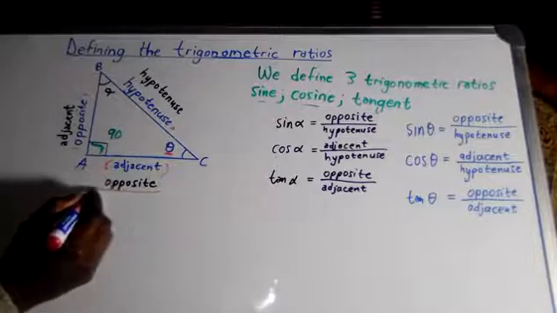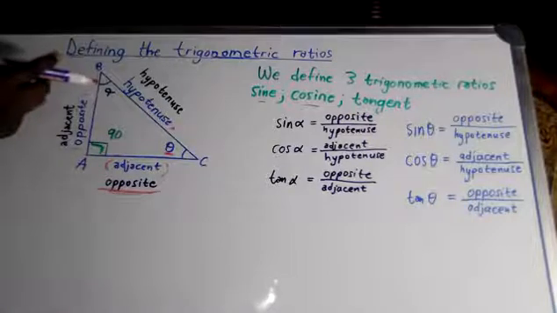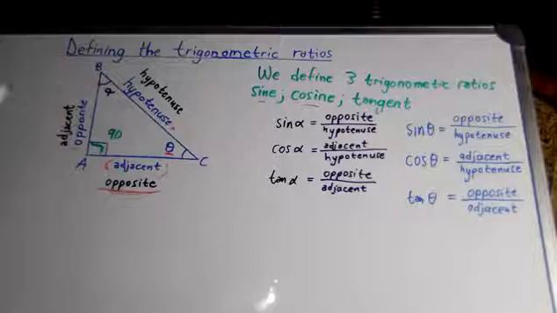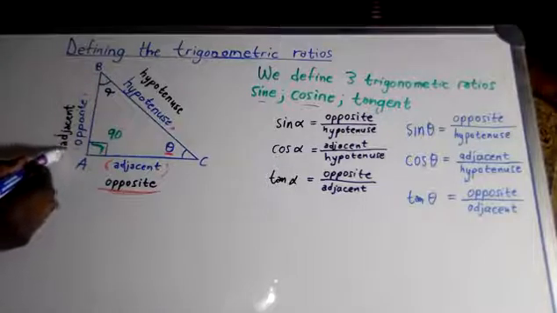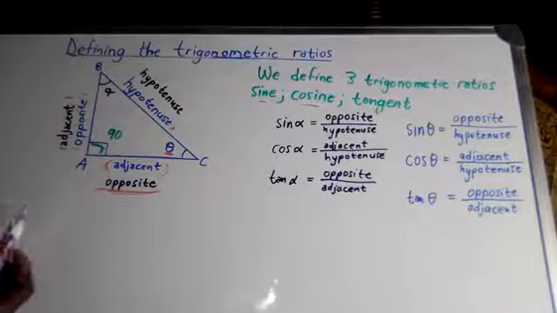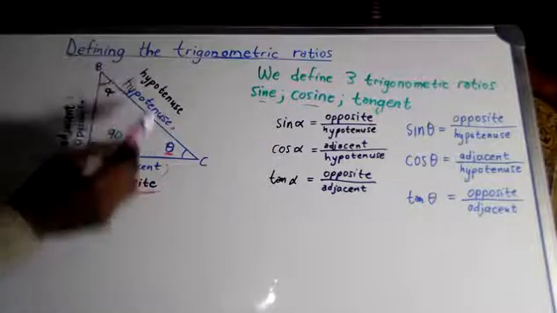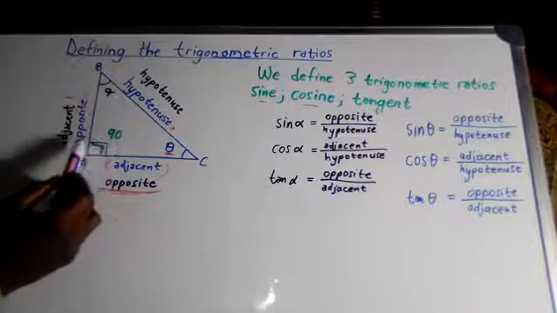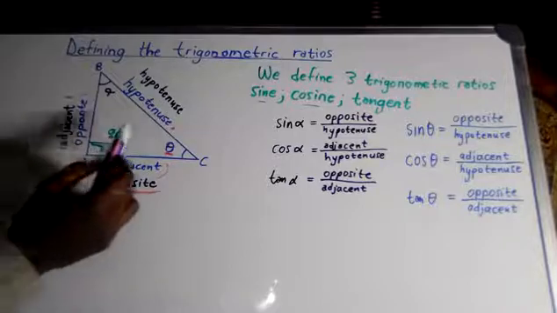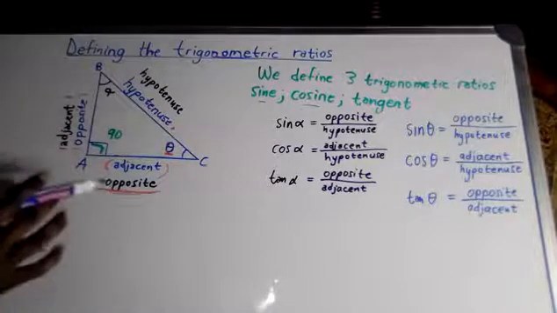So this is our new opposite. And the side that is below the angle that you are working with is called adjacent. So this is our new adjacent. Your hypotenuse is always opposite your 90-degree angle, your right angle, and it never changes. It doesn't matter which angle you are working with.